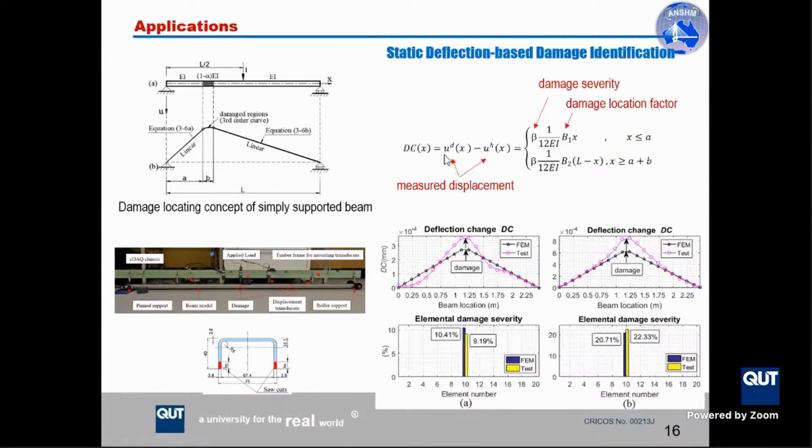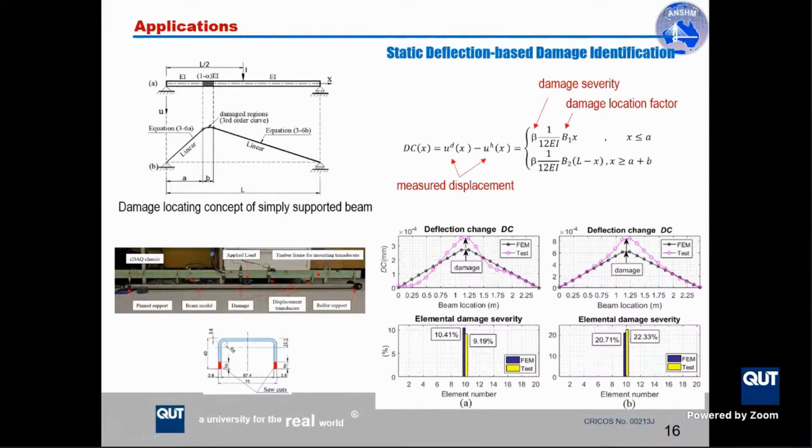If you have a look at this graph, which is the diagram of deflection change, we can identify the location of damage by looking at the nonlinear regions of the graph. So from the damage location, we can inversely identify the damage severities from these two equations.